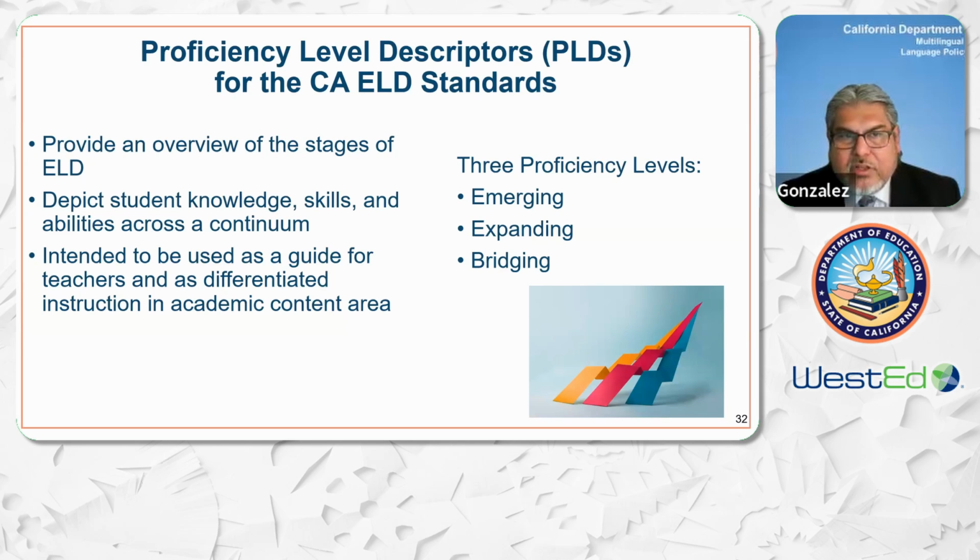PLDs depict student knowledge, skills, and abilities across a continuum, identifying what EL students know and can do at early stages and upon exit from each of the three proficiency levels, which are the emerging, the expanding, and bridging levels. The PLDs are intended to be used as a guide for teachers and as differentiated instruction in academic content areas.